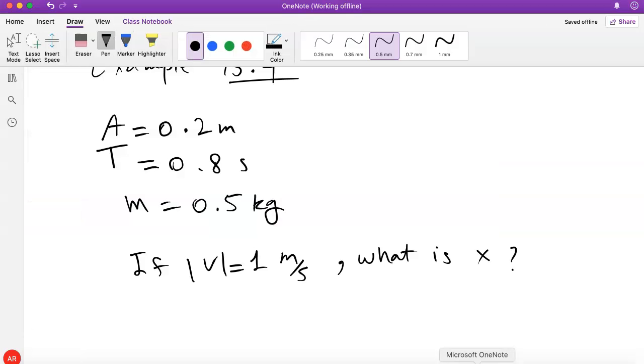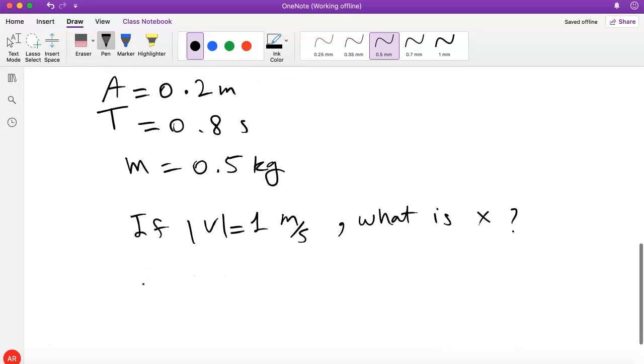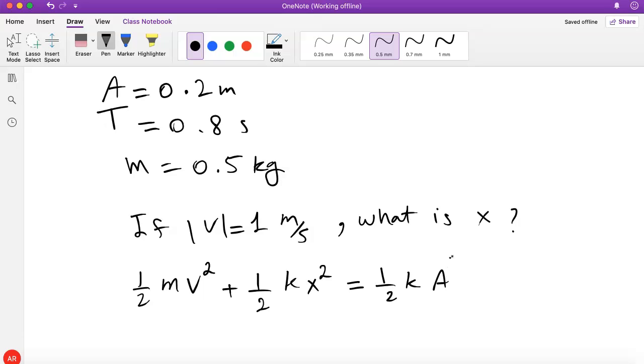A quick way to solve this problem is, of course, using energy conservation. If I write U plus K as a constant, then 1/2 m v squared plus 1/2 k x squared is equal to the total energy, which is 1/2 k A squared.